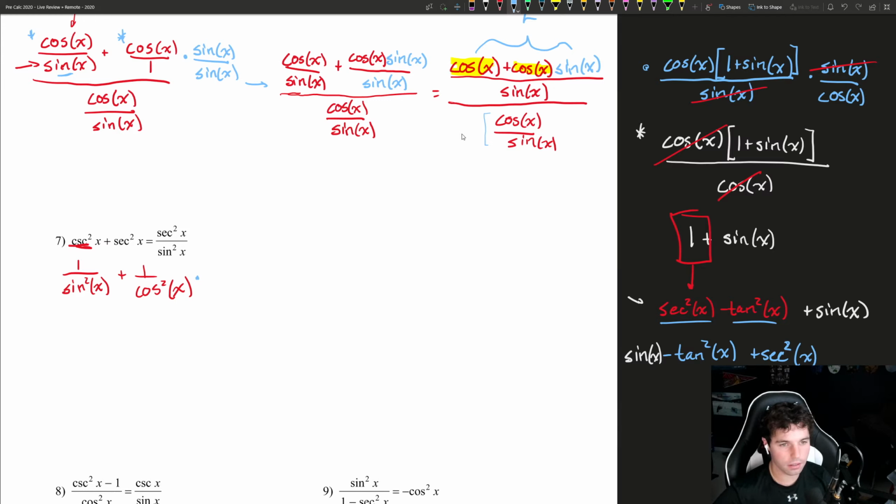In this case, I would multiply by sine squared on the right, cosine squared on the left. And that way our common denominator is sine times cosine squared. Both of them are squared.